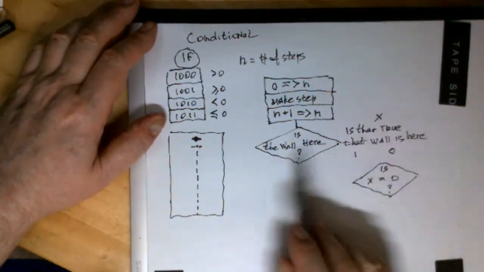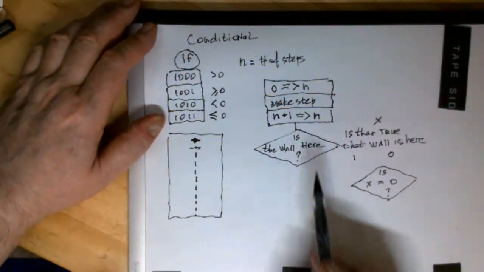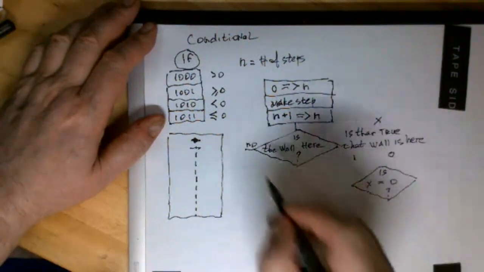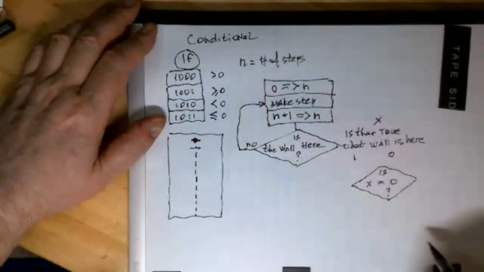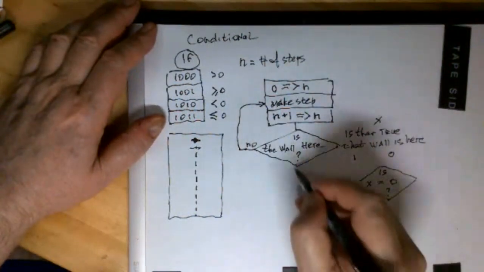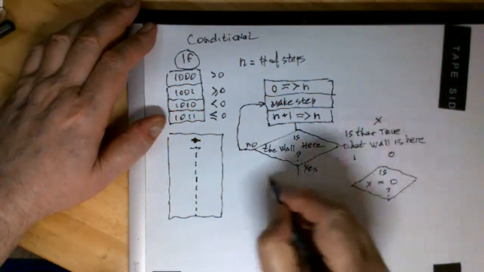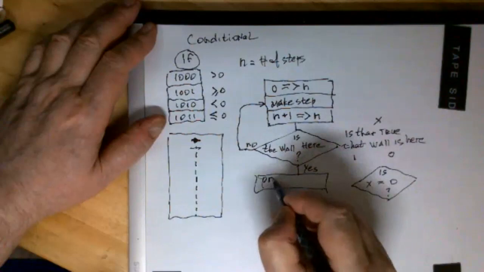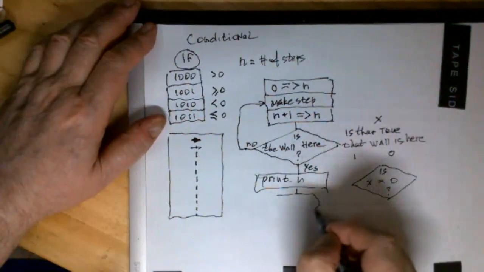But for understanding, I'll put it in the form you can see here. Is the wall here? And then the answer no, meaning 0. And I will go to make another step. And if yes, I will go to print n and stop.